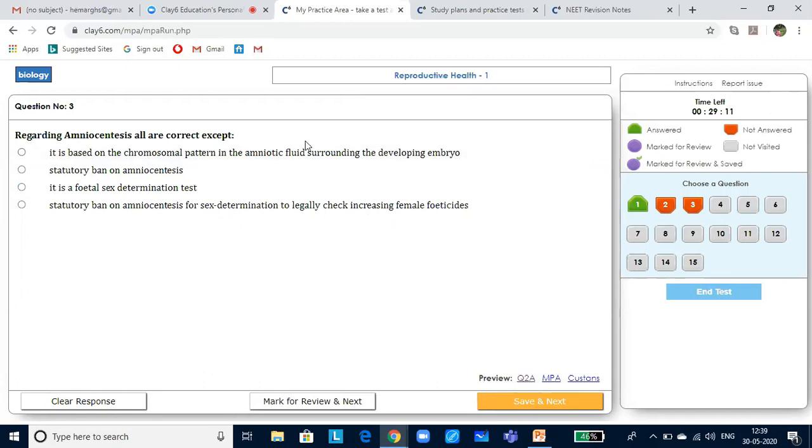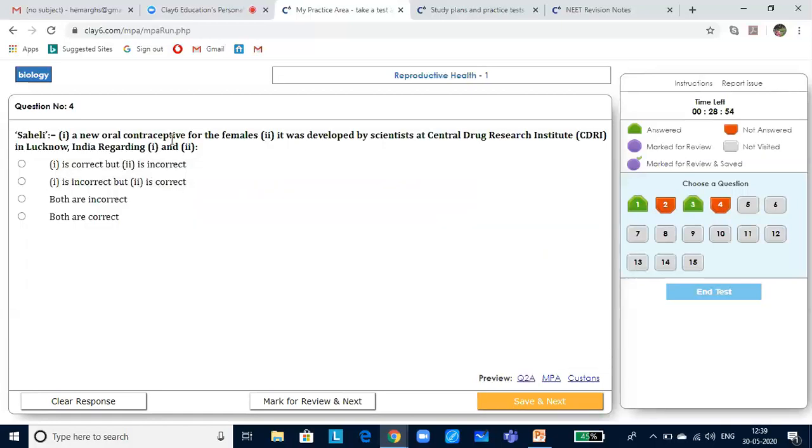Regarding amniocentesis, all are correct except the statutory ban on amniocentesis. A new oral contraceptive for females, that is Saheli, yes. It was developed by scientists at the Central Drug Research Institute in Lucknow.